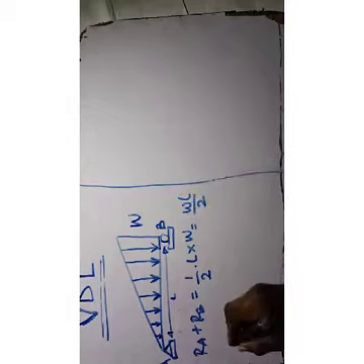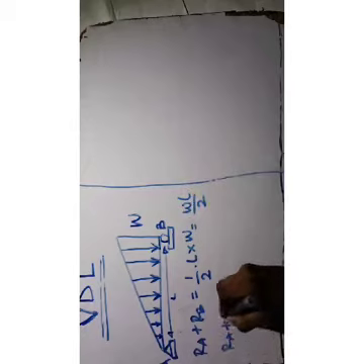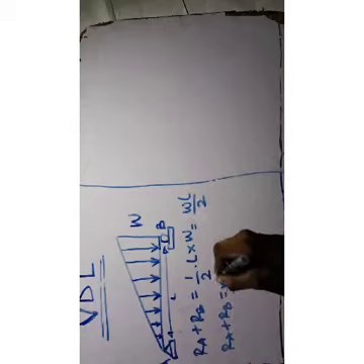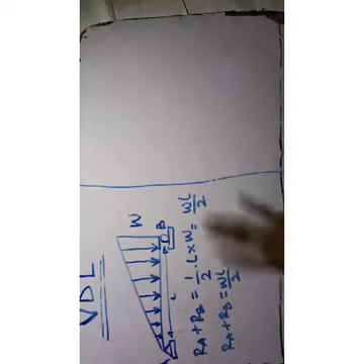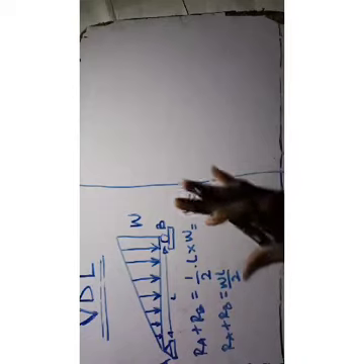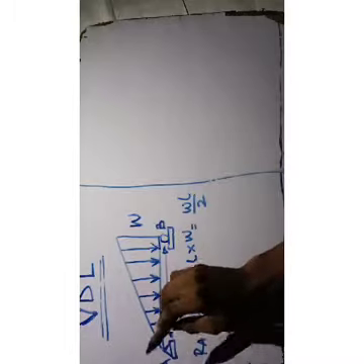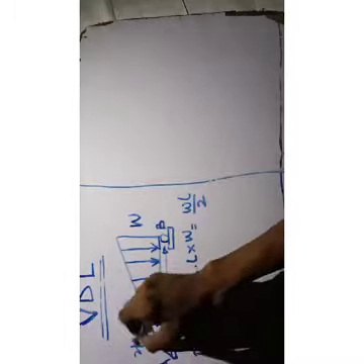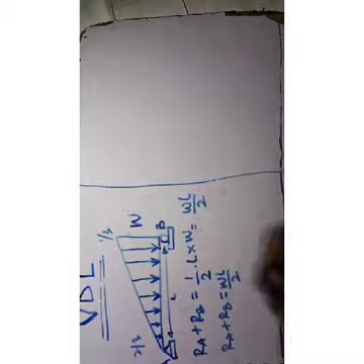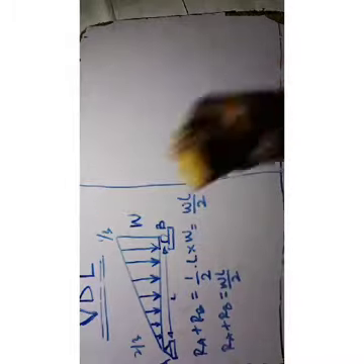So RA plus RB equals WL over 2. Whenever you want to solve this question, I advise you to take your moment at point B. You can take your moment at point A, but don't forget to make use of this part as 2/3, and this part as 1/3. Don't forget that at all.